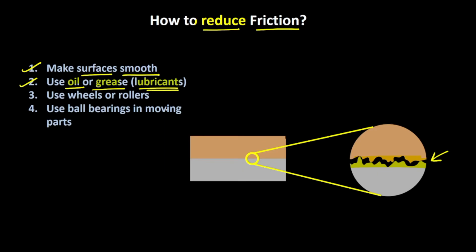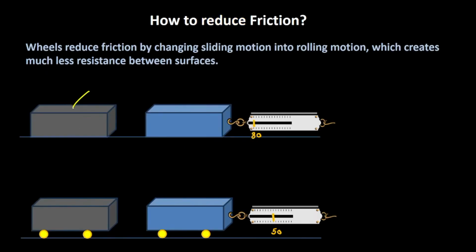Another way to reduce friction, and one of the most interesting ways, is to use wheels or rollers and also to use ball bearings in the moving parts. How are these two able to reduce the friction? Let's understand with the help of an activity. Let's say we have this box and I'm moving it.